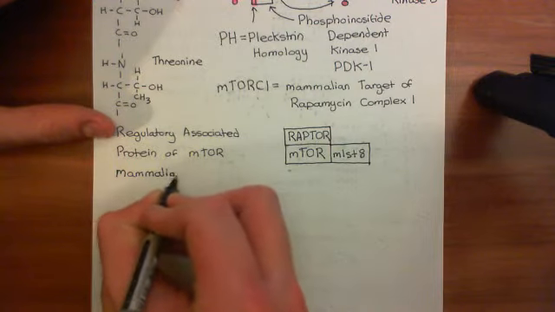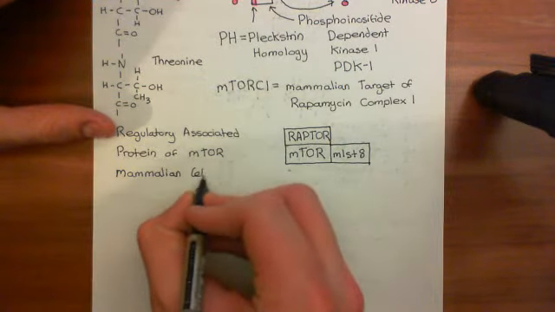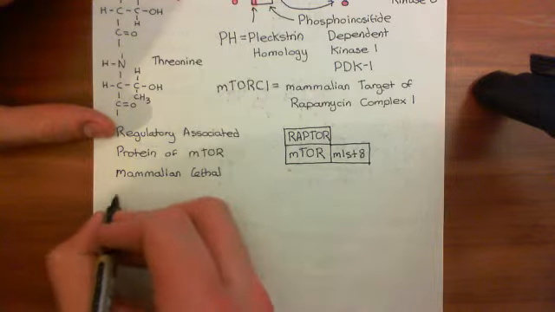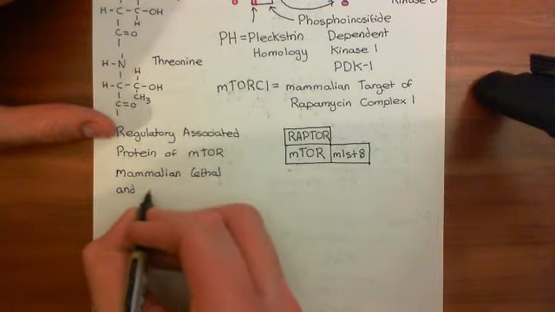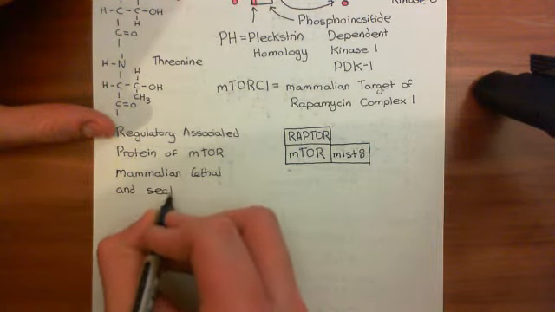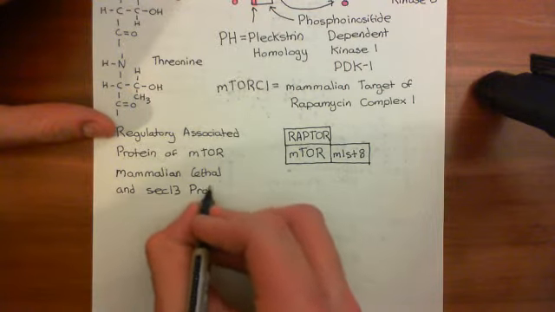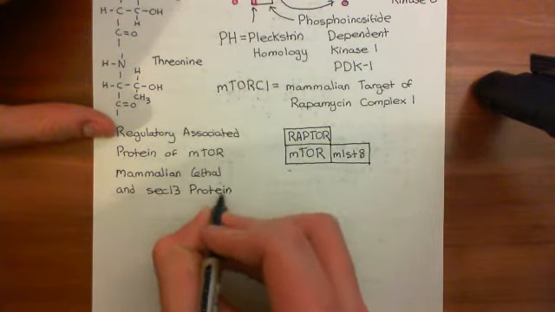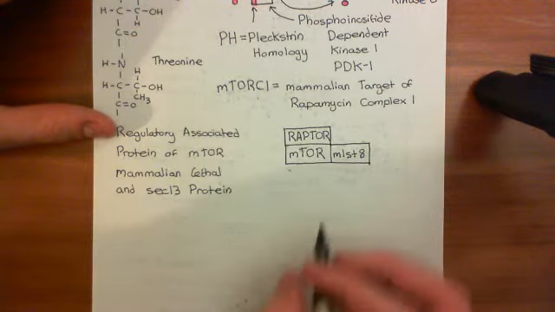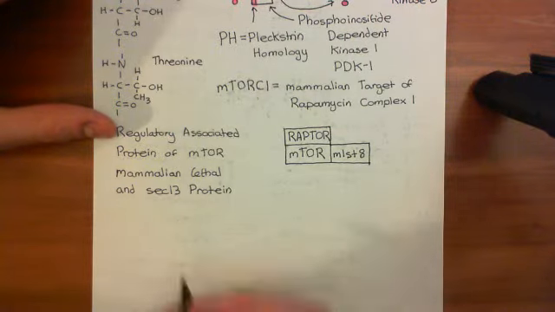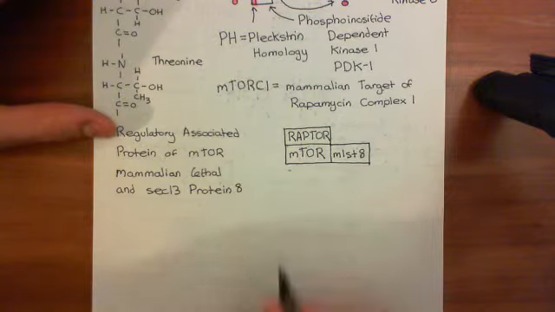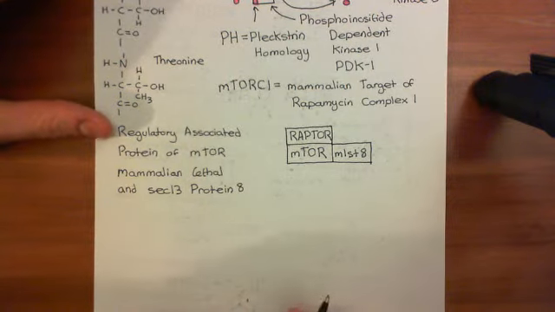So the M is for the mammalian, the L is for lethal, and then it's Sec13. So the S is for Sec13, and then this is protein. So where they get the T from, whether they just take the T from protein, I don't know, but it is abbreviated to MLST8. And then it's the mammalian lethal with and Sec13 protein 8.